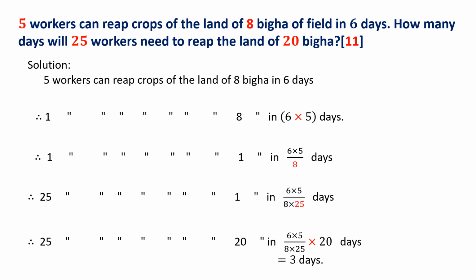I think that is the best way. And you should remember one thing, when to multiply and when to divide. When your quantity is increased, then you need to multiply. When your quantity is decreased, you need to just divide. So keep that in mind if you want to score good marks in your exam.